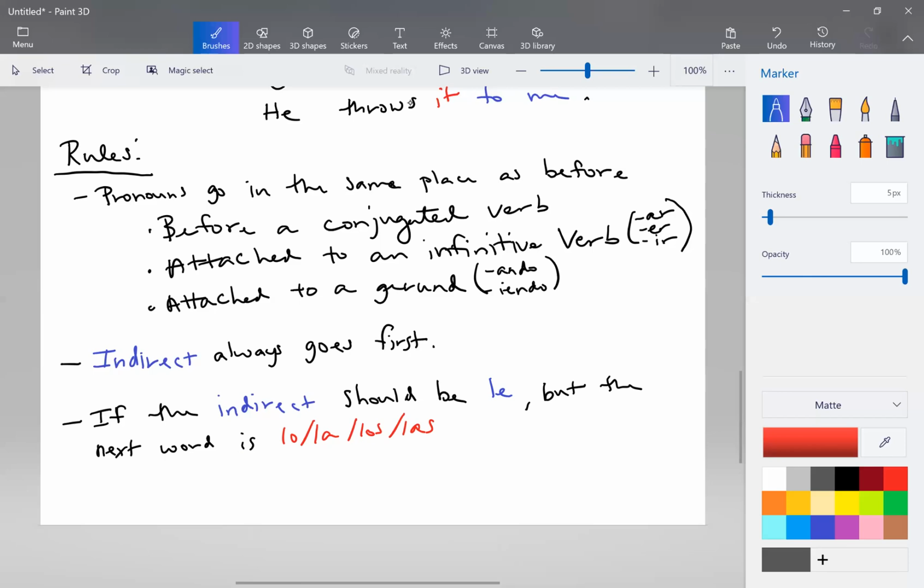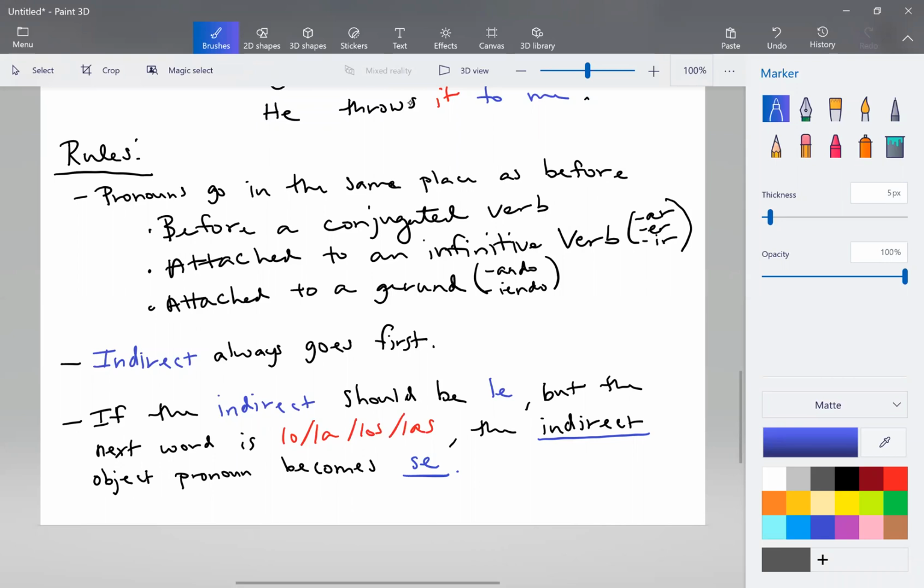It's hard to say. So they won't say lelo or lela. So if the indirect should be le, but the next word is lo or la or los or las, the indirect object pronoun becomes se. Okay. Se.